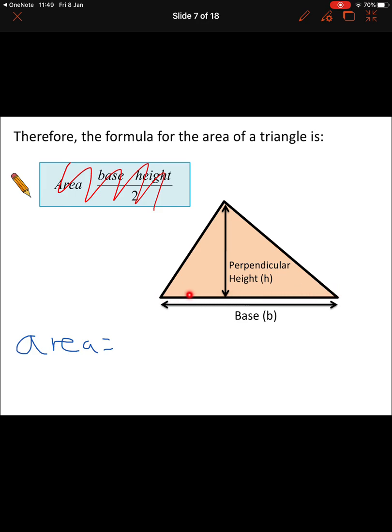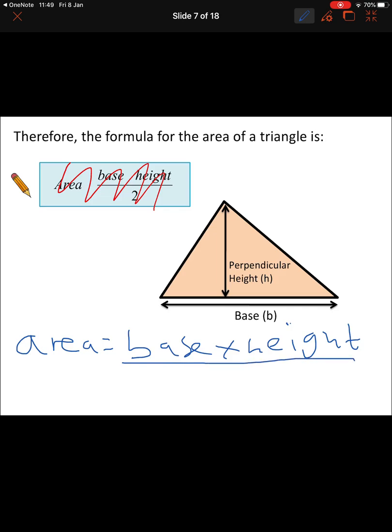If we know what the base of the triangle is and its perpendicular height, we can multiply them together, base times height, and then if we halve it, we get the area of a triangle, okay?